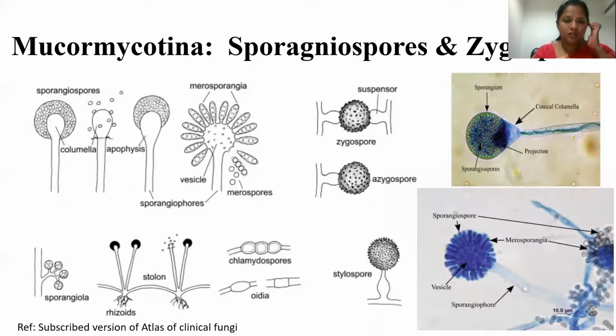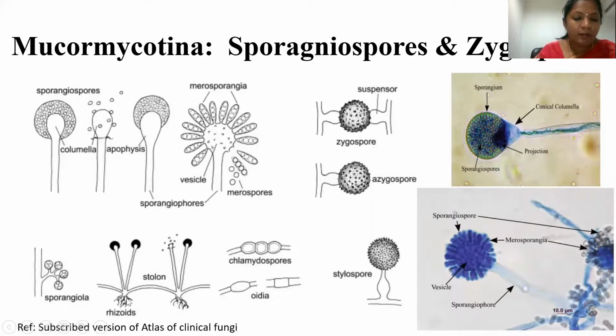We should know the structures present in the Mucormycetes. First, from the hyphae, sporangiophores will be formed. Sporangiophores will end in the columella, which extends into the sporangium. This is the columella. Just below the columella there will be an apophysis, and sporangiospores will be formed in the sporangium.